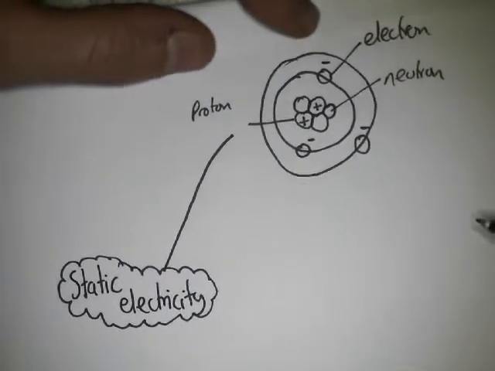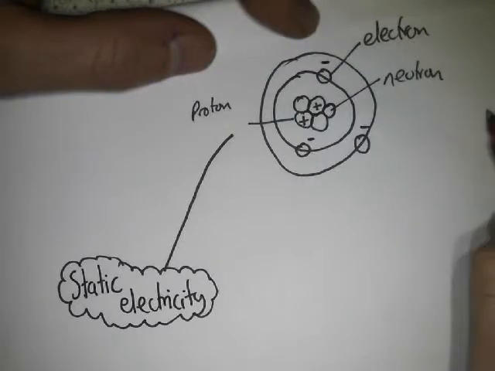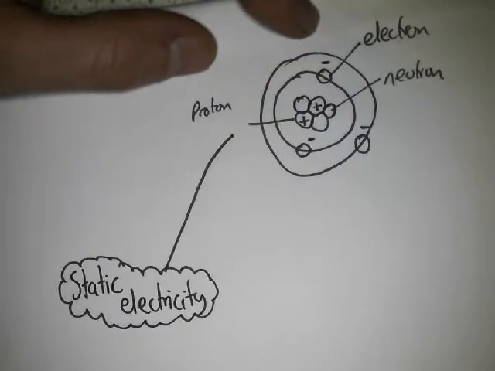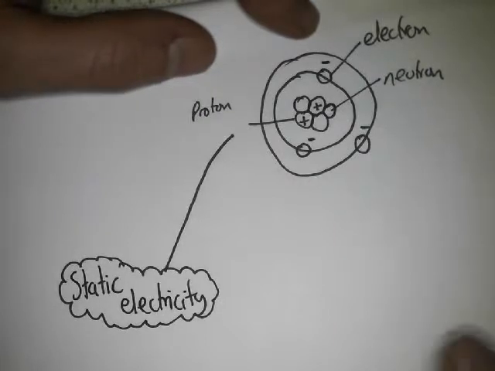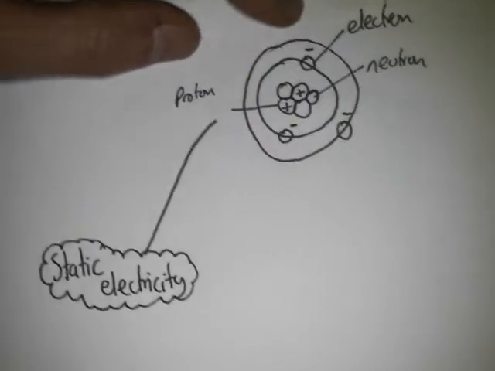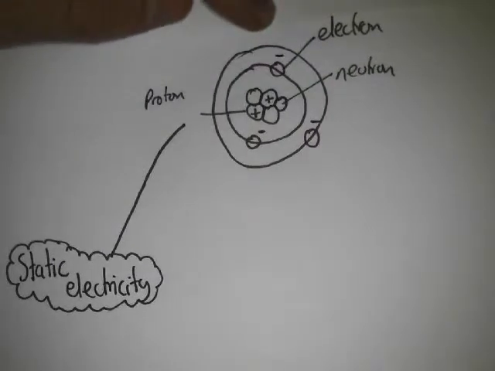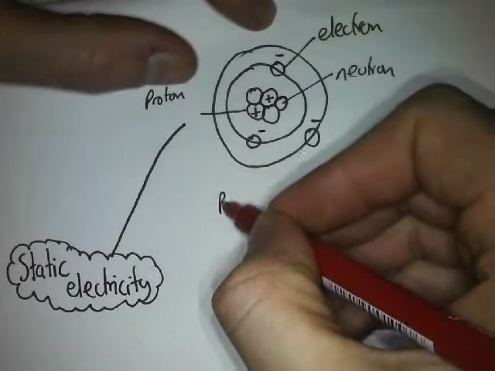Now, in certain circumstances, these electrons have a tendency to go off somewhere else for a happier life with a different element or a different kind of material. So we need to bear that in mind. But the most important thing to bear in mind about the structure of the atom is the charge and their mass. So we can draw ourselves a little table.